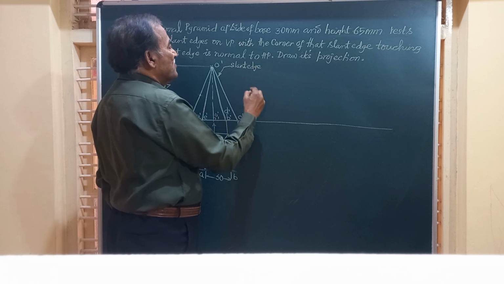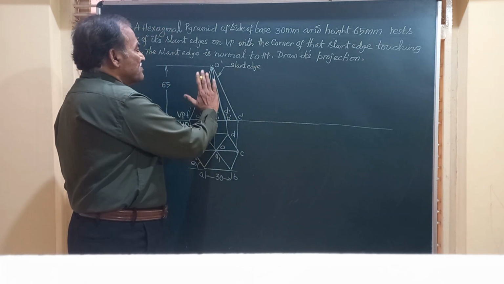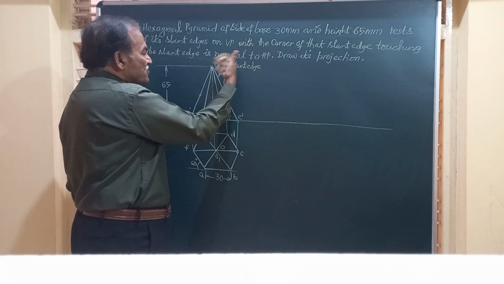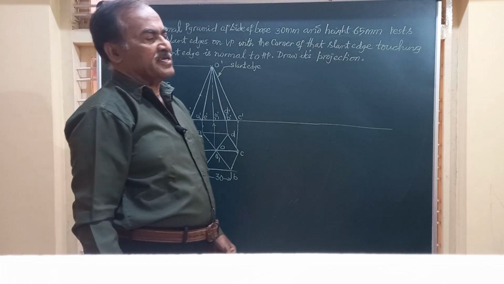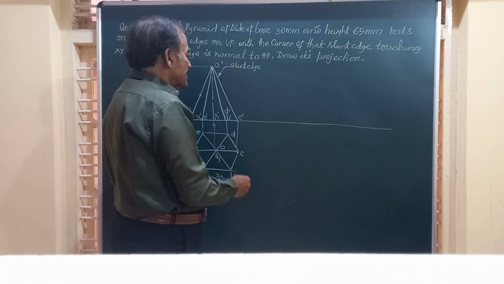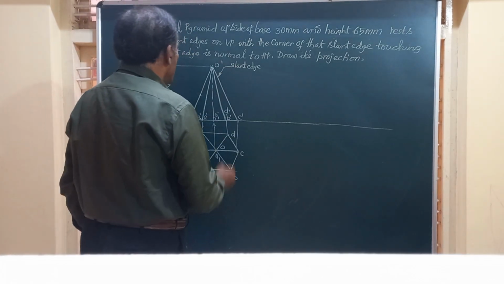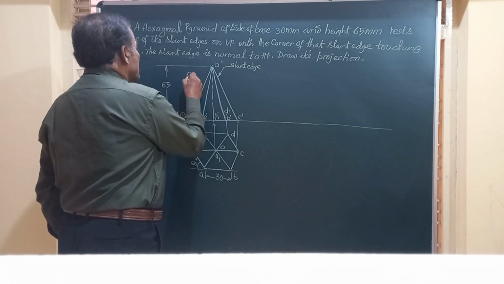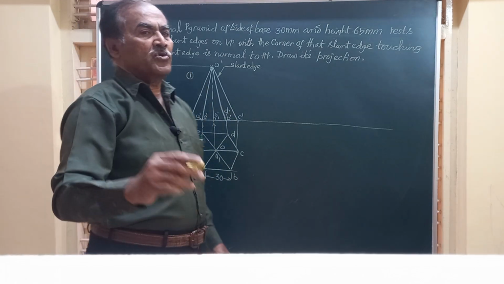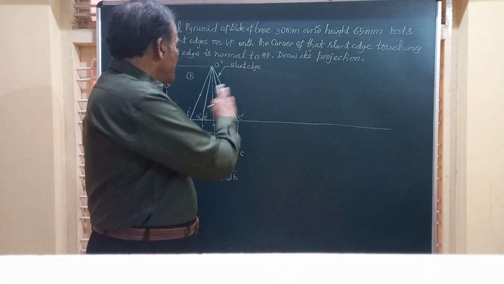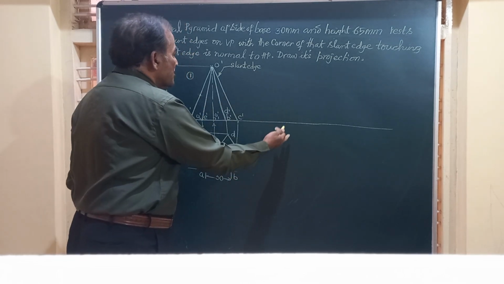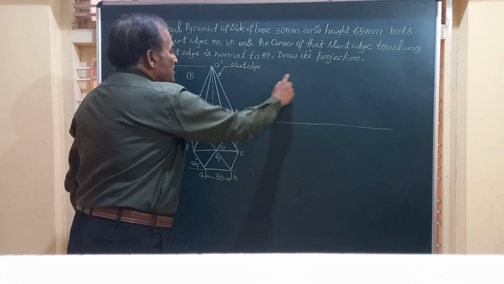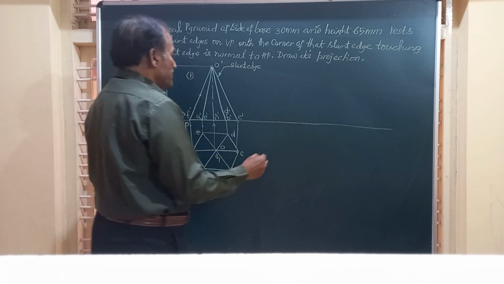Now friends, before we make this pyramid to touch VP by one of these slanted, you have to make it vertical. So friends, if I call this figure as figure number 1, I am going to reproduce the same figure as figure number 2 with slant edge becoming perpendicular to VP.